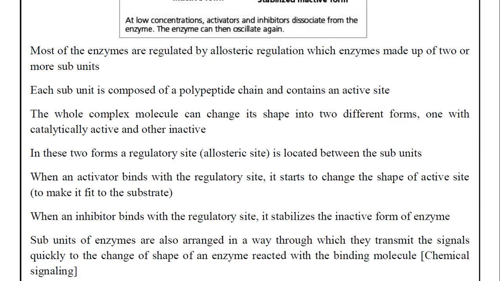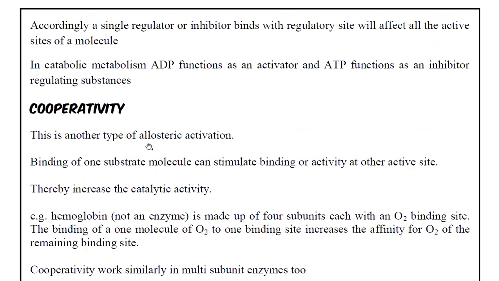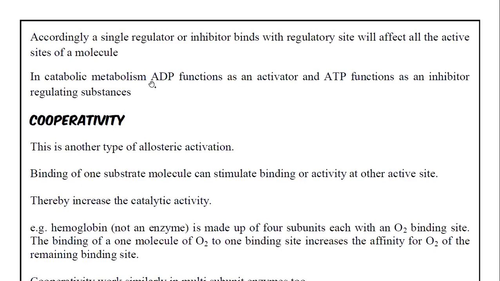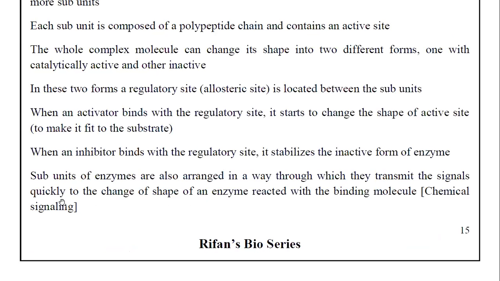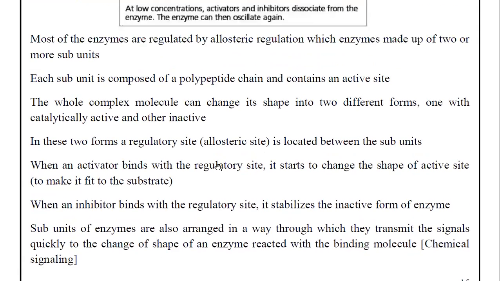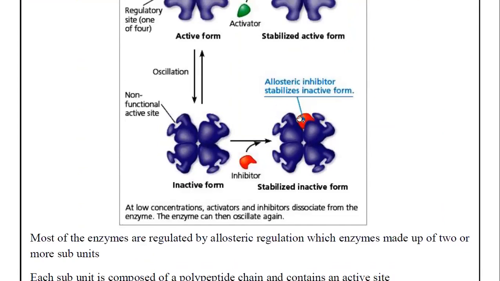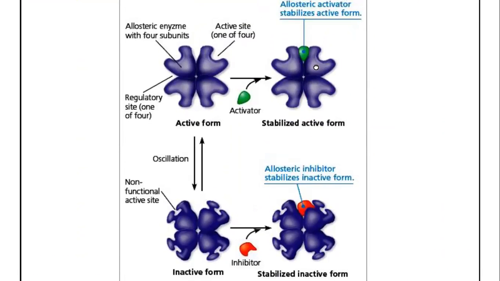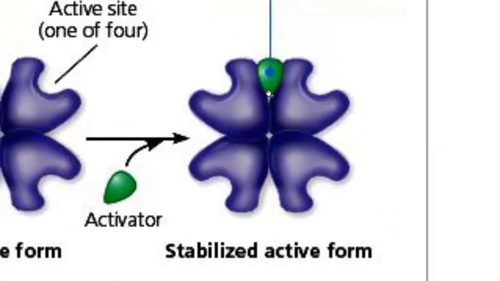Sir, can you explain the last point? The last point means the ADP, ATP, no? I know, sir, the subunit point. Yeah, that's what I told you. Here, the activator molecule directly contacts between whom and whom?